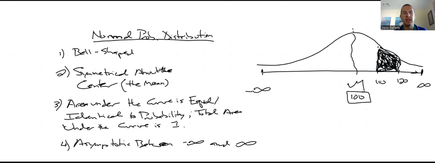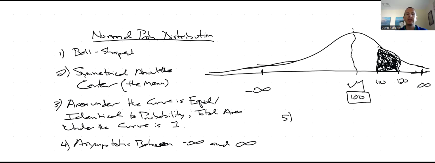Asymptotic just means that it keeps going towards the axis. It goes towards the axis, but never actually touches it. It just keeps on going. It never actually intersects. That is what asymptotic means. It's asymptotic between negative infinity and positive infinity. So this bell shape keeps getting closer and closer, but it never actually touches.